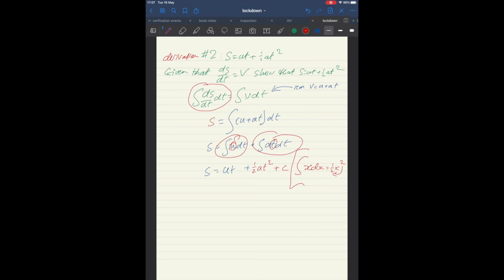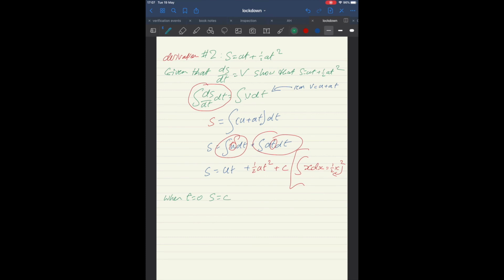So then you think, how to get rid of the c? Same trick as before. When t equals 0, well if t equals 0, this disappears and this disappears. So when t equals 0, s equals c.